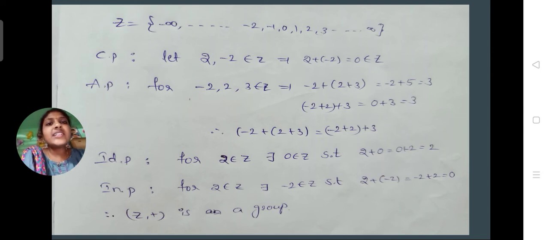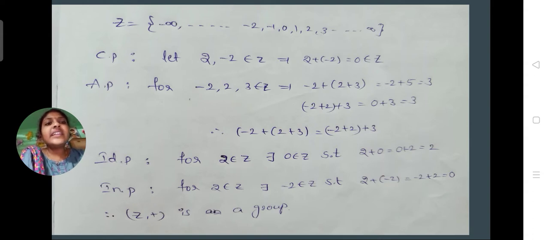So Z satisfies closure, associative, identity and inverse, these four properties. Then that set Z is called a group under addition. So therefore (Z, +) is a group. So here we conclude that 0 is the identity element under addition and minus 2 is the additive inverse of 2.